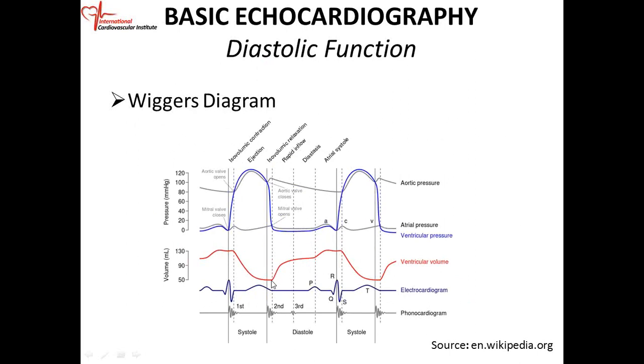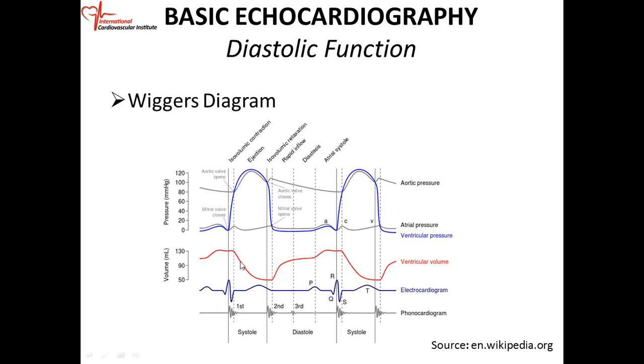In diastole, you start filling up the left ventricle with blood, and the volume increases. That's what this represents. The volume of blood varies with systole and diastole. In diastole, the left ventricle is fully filled with blood.